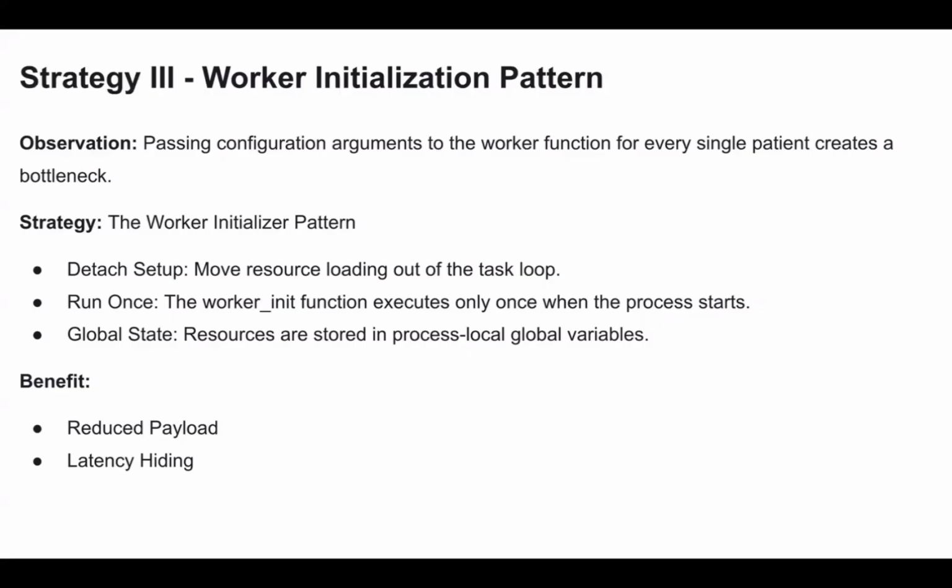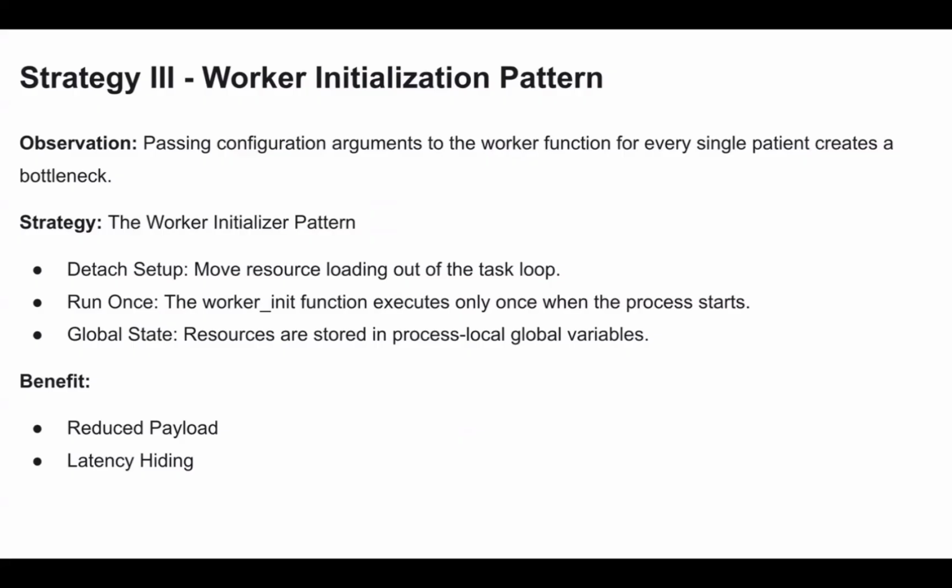In a naive implementation, we pass all file paths and configuration settings to the worker along with every single patient task. We had 1,000 patients, so we were transmitting and unpacking these configurations 1,000 times. We are also asking the operating system to open file handles 1,000 times. This created unnecessary traffic between the main process and the workers.